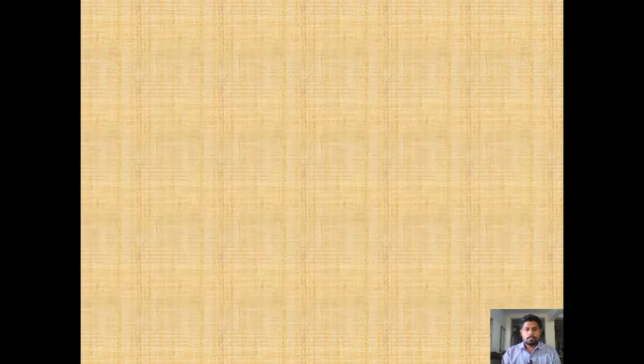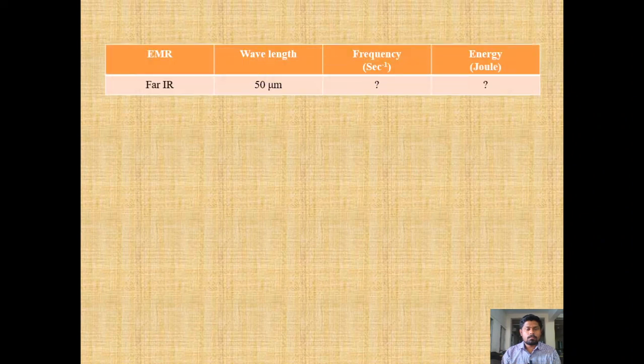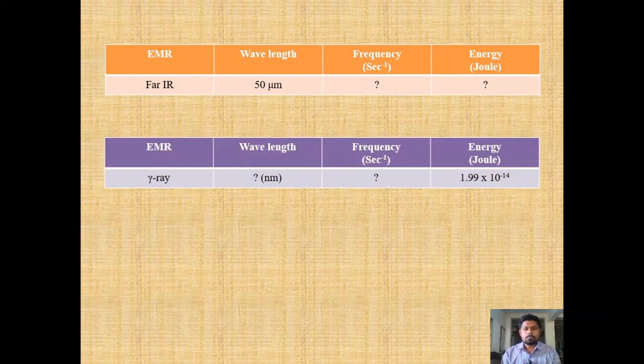Some numericals for your study. The value of wavelength is given to you. You can easily find out the value of frequency and energy. One more example, energy is given to you. You must find out the value of frequency and wavelength. Now you know the relation between energy and frequency, E is equal to h nu.